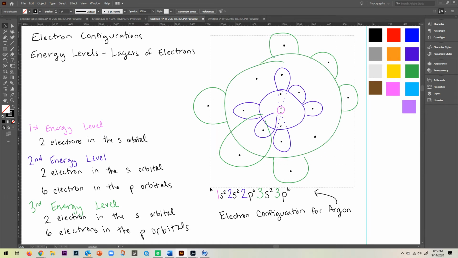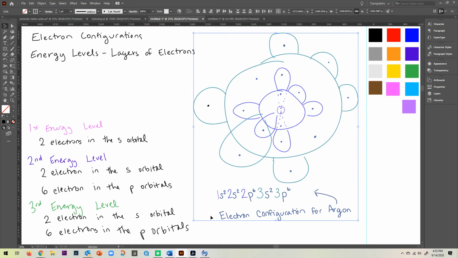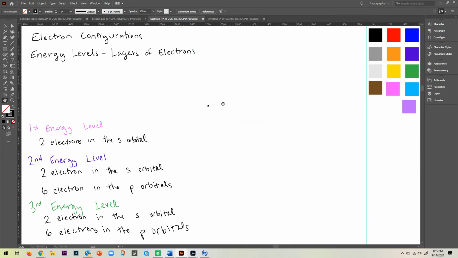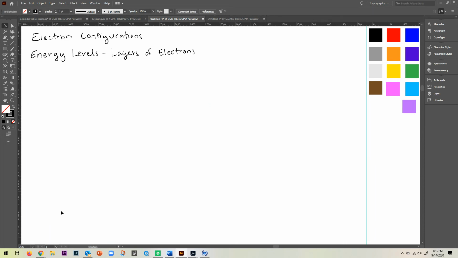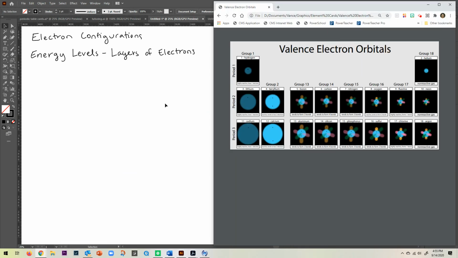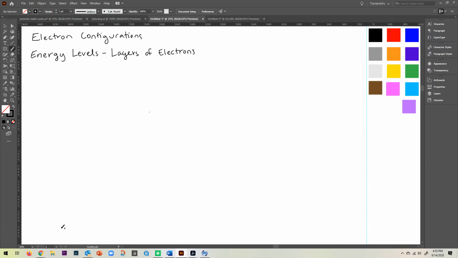So let me erase all of this. Let's bring up both things here so it's sort of easier to see. Oh, here, I just have to make this smaller.